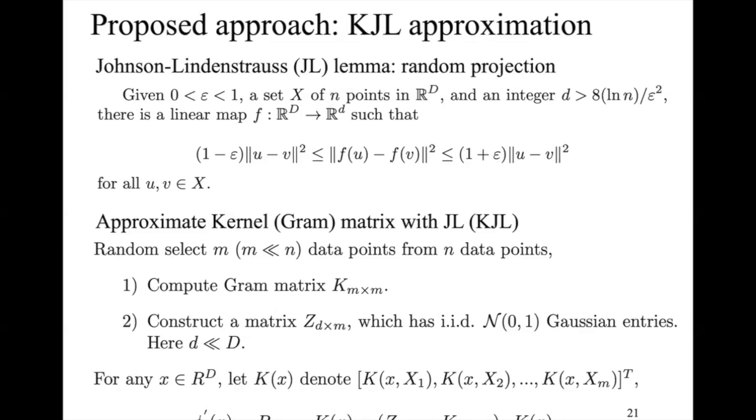This is actually based on a random matrix, d by n. If you randomly select n columns of the kernel gram matrix K, there are no theoretical guarantees that this works.